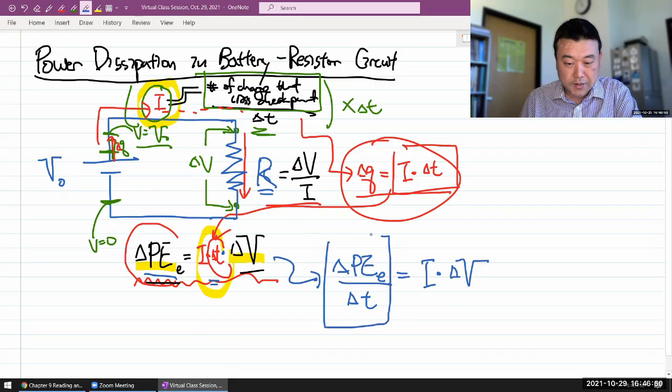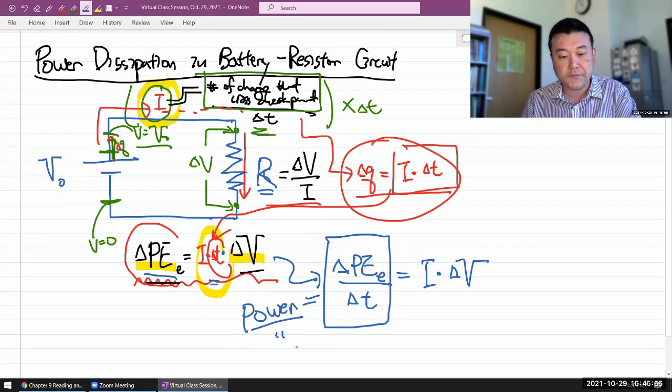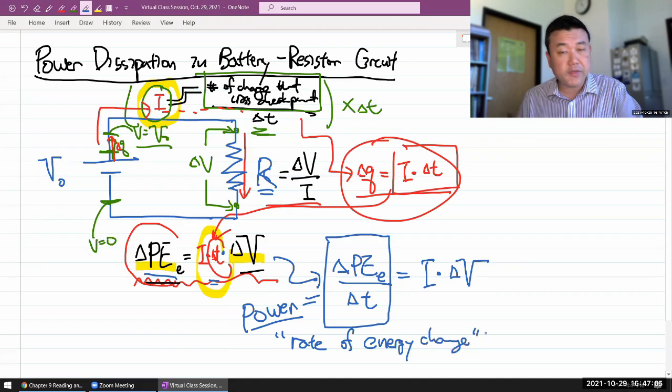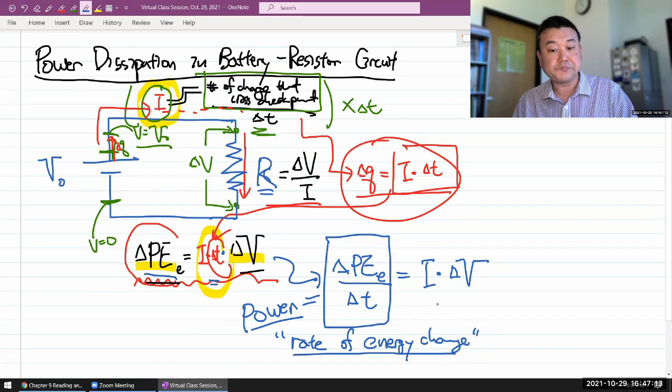And this portion here, this is what we associate with power. Power in physics is defined as rate of energy change. Sometimes you can relate that energy change to work being done. Sometimes you can relate to other things. In the end, it comes down to it's the rate of energy change. This is a rate of energy change.